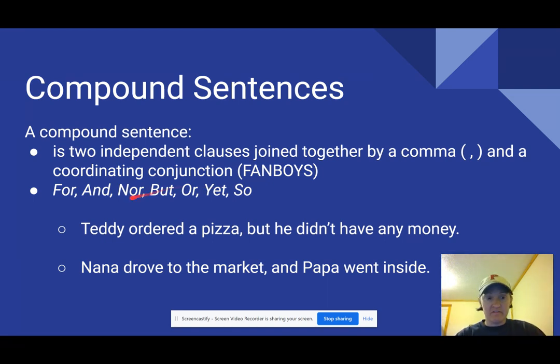You remember that fanboys stands for and, nor, but, or, yet, and so. All right, so again, take a second to read that on your own, but a compound sentence, 2 independent clauses, and the way you join them, the way we're going to join them for this, comma, and one of those fanboys. Okay, so if you look at the first sentence.